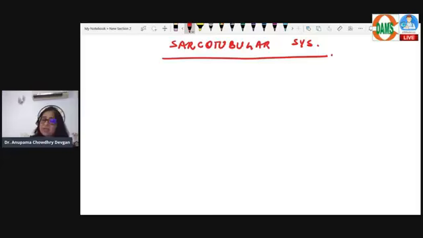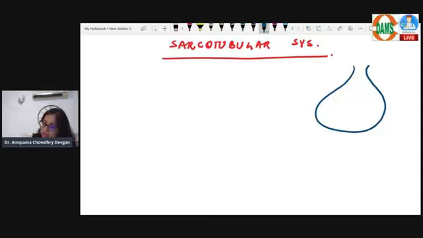Okay, all right, so next let's have a look at the sarcotubular system. Now, we've already discussed transmission at the neuromuscular junction. There's an action potential which has been generated.